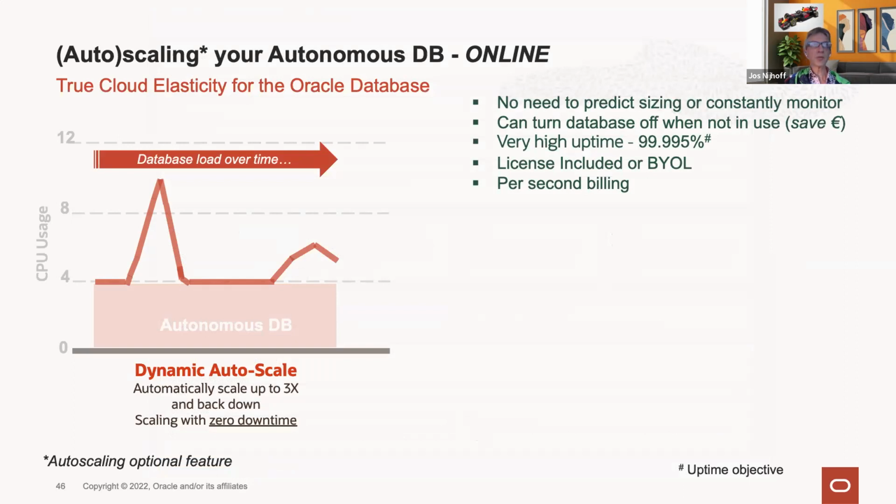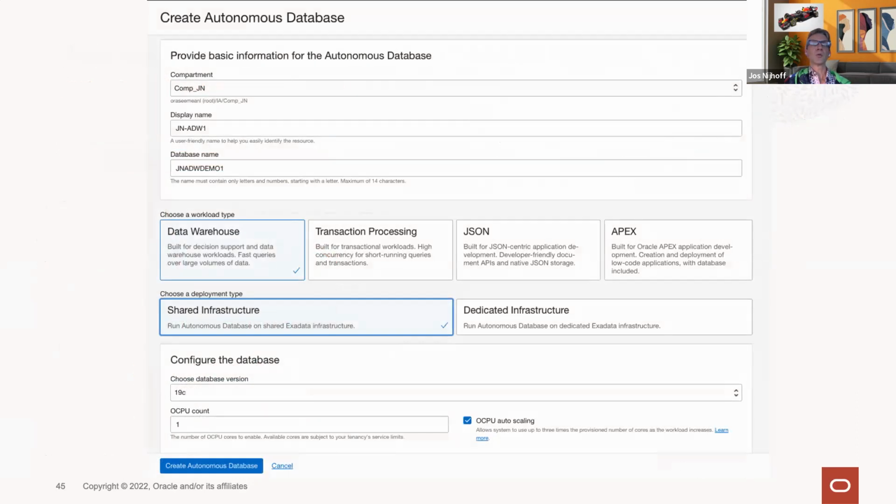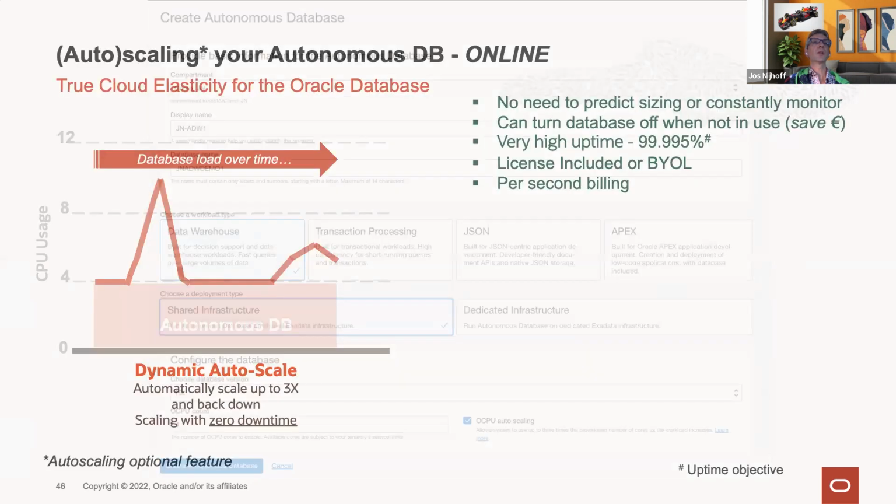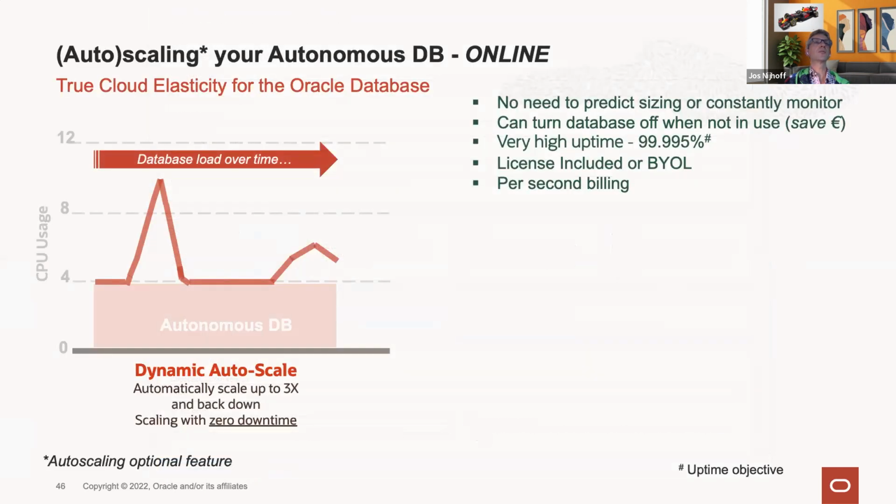So now let's go to the really impressive part of this, which I still find a bit hard to believe, but you can actually do it. You can scale it online without going down, without any downtime, so you don't need to take the database down. And you can even enable what I showed you here, OCPU auto scaling, so you can actually burst when a workload demands it, and you don't have to monitor it.